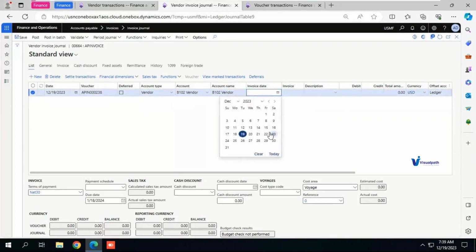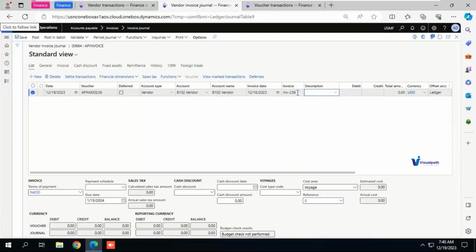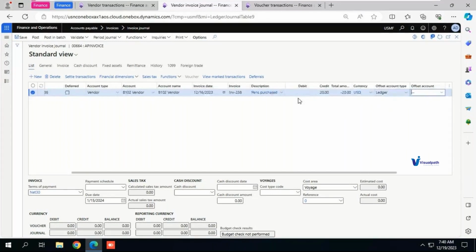Yesterday I purchased, or the invoice was generated yesterday, whatever it is, but I'm updating today. And invoice number, now I'm purchasing, suppose, pens. It is $20. Okay, here expense.